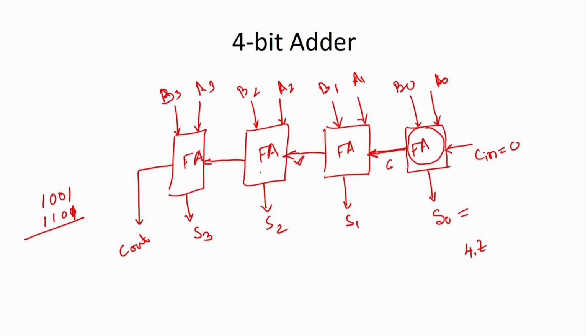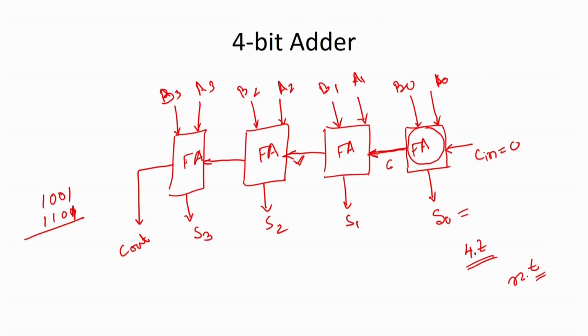The second full adder is going to give me a stable output after 2t time. Like that it is taking 4t time. Now, if we are going for an n-bit adder, the total propagation time will be n t, where t is the propagation delay of one full adder.